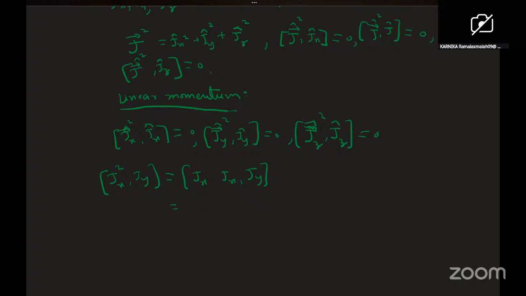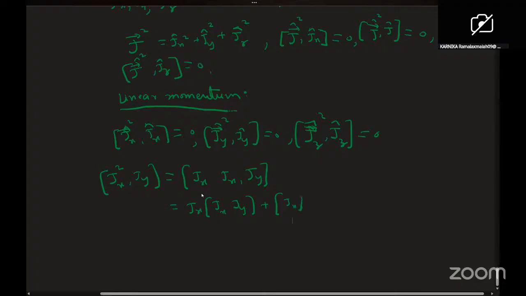This: Jx into Jx, Jy, plus Jx, Jx, Jx, Jy into Jx. That is here.